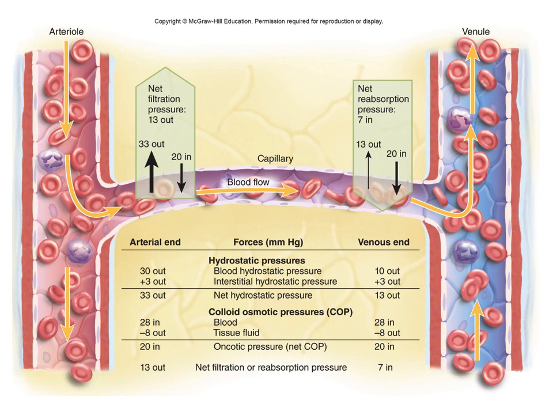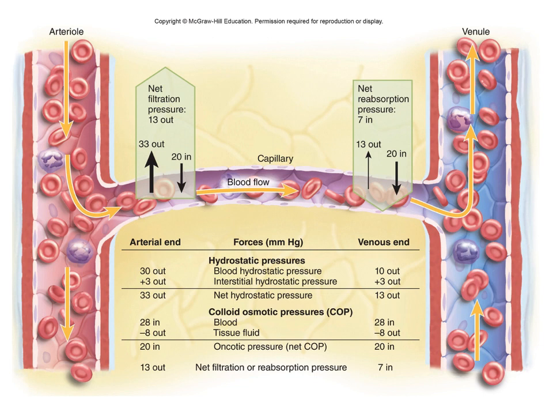However, blood flows along the capillary bed, and at the venous end, your net hydrostatic pressure is a lot lower because your capillary hydrostatic pressure, that big push out, has actually decreased over time.